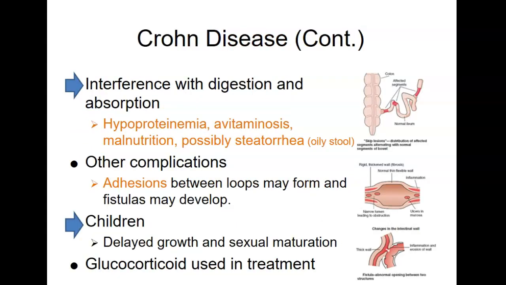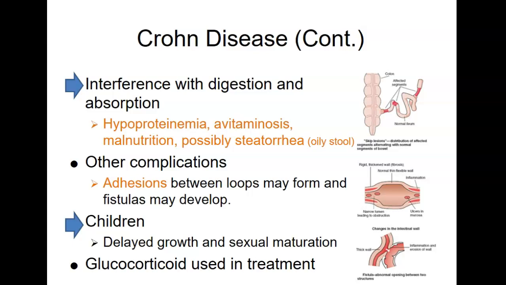With Crohn's disease, you often see an interference with digestion and absorption. What this means is because of all the fibrotic tissue, you're not going to be absorbing the nutrients that you need. All of the transporters in the small intestine are getting damaged by this destruction and then scar tissue.